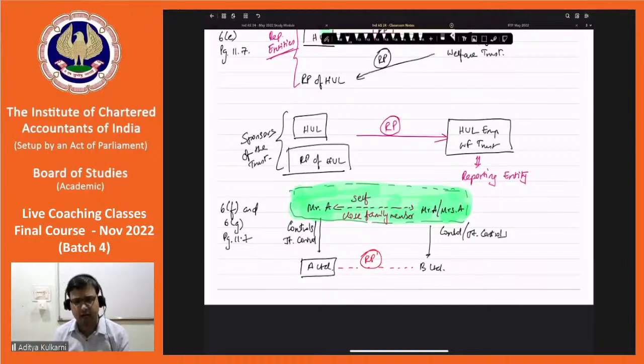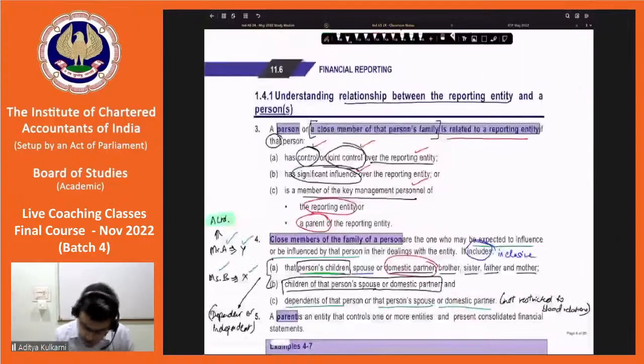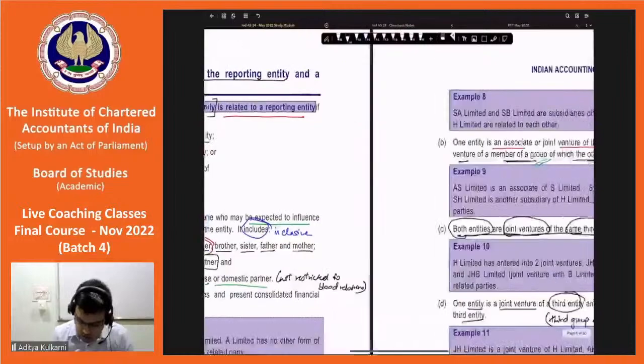All these are included in Mrs. A. Okay. So don't think that it is only Mrs. A, the spouse. It could be any of the family members. So that is control or jointly controlled.